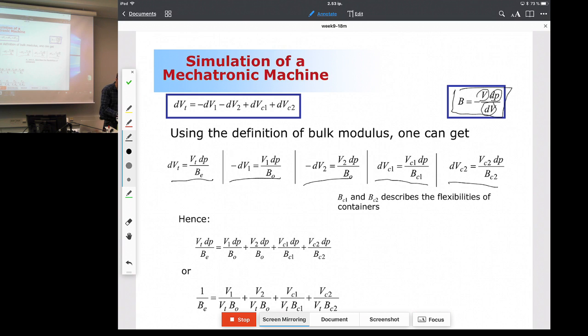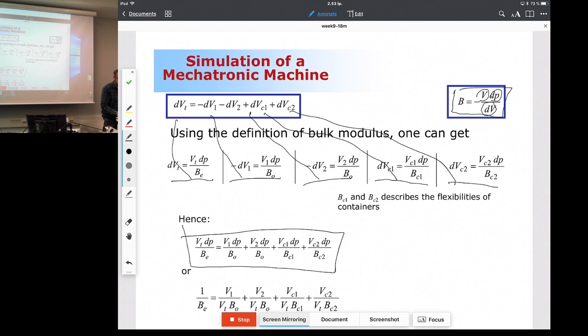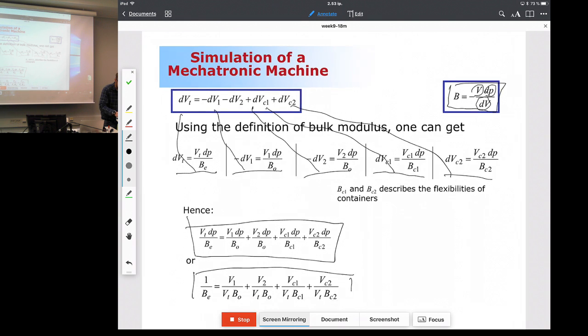When I substitute this information into my previous equation from the previous slide, I get the equation as it is written here. Then I finally divide all this by the total volume size, and I get the equation as it is shown here.